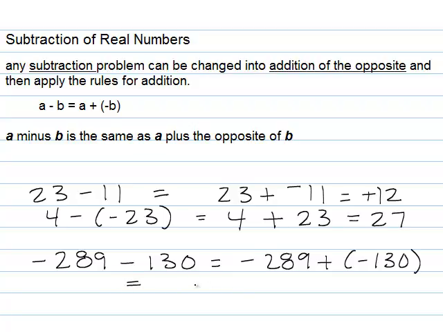So the common sign in this case is negative, and then we have 289 plus 130, that is 419. So negative 419. That is the difference: negative 289 minus 130, which is the same as negative 289 plus a negative 130. That is how we subtract real numbers.